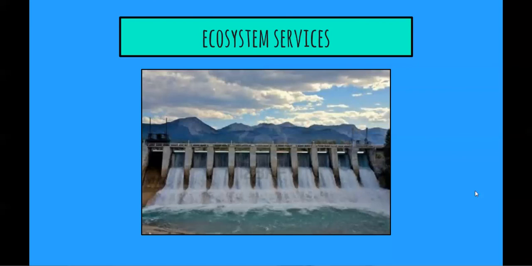And this flow of water creates a lot of electricity. We have many in the United States. The biggest one is located in China. This provides a lot of electricity, and it provides it cheaply because it's sustainable.